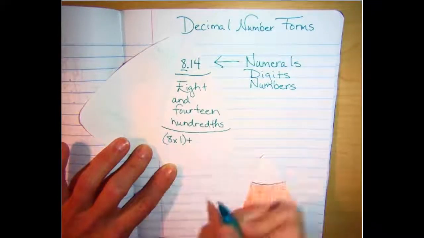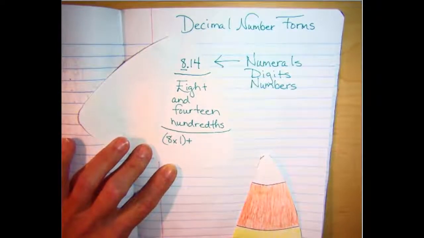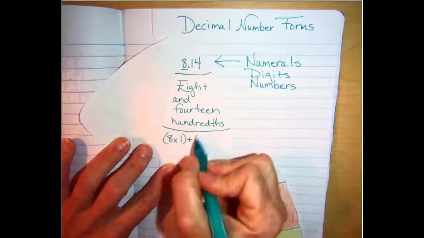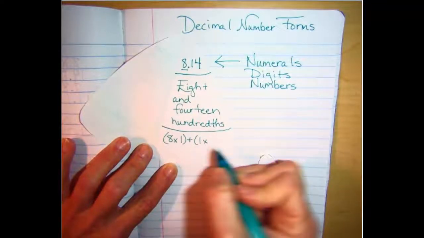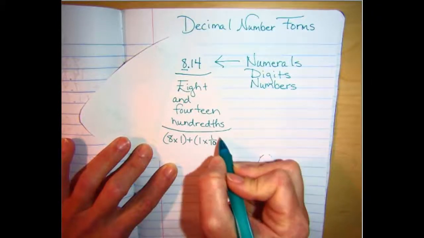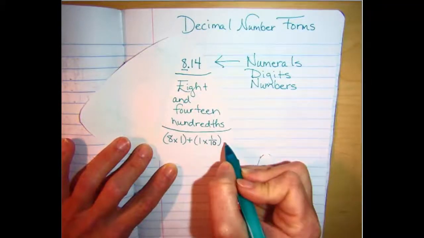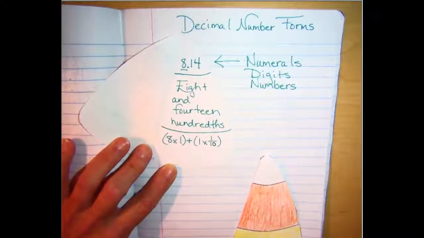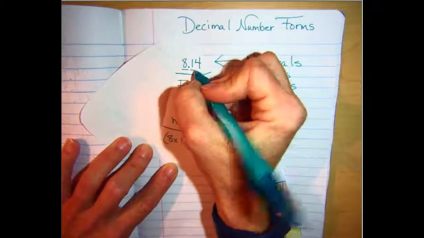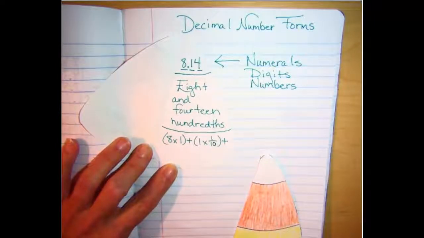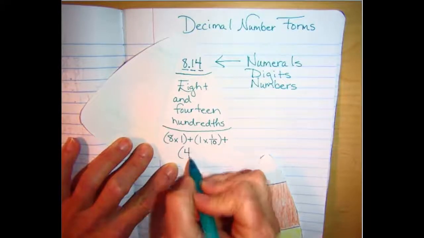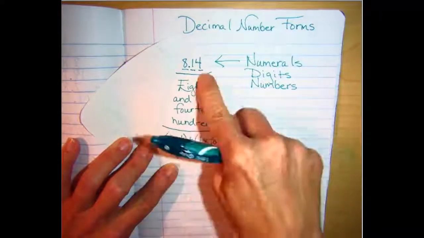Tyler, what would I show next for expanded form? What am I going to break out? 1 times 1/10. Good. I'm going to write this as a fraction, 1/10. Does everybody agree that if I multiply 1 times 1/10, I'm going to get 1/10? Yes. And what am I going to wrap this up with, Clara? 4 times what?